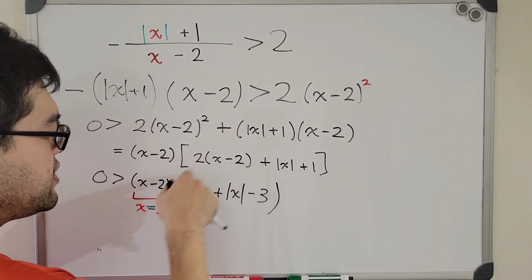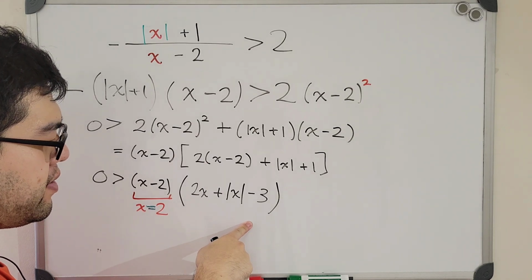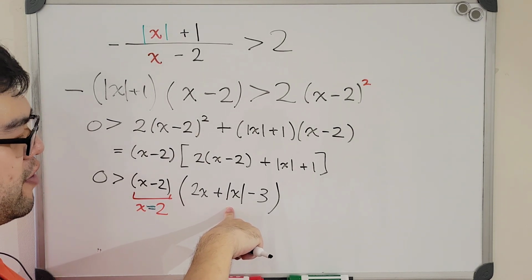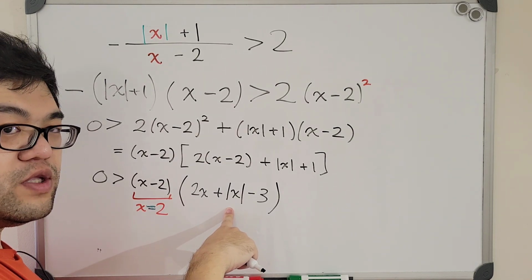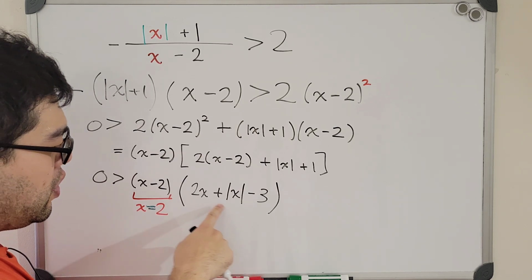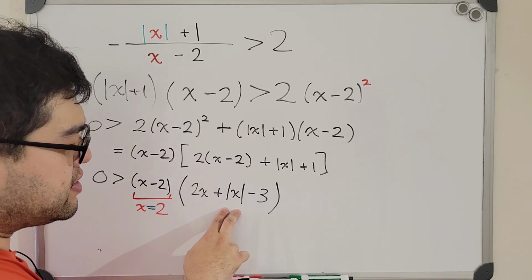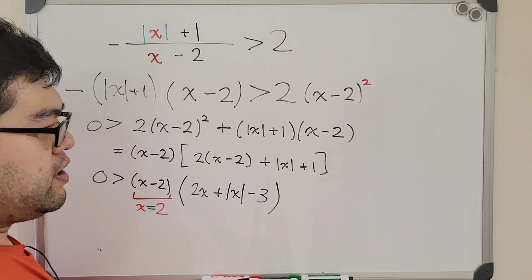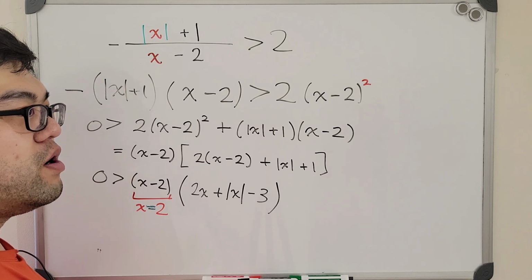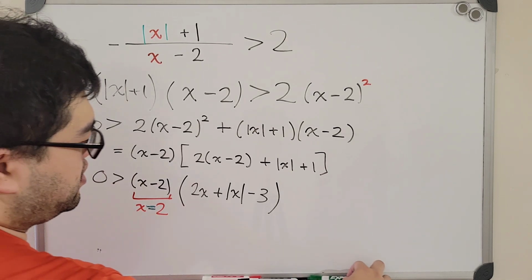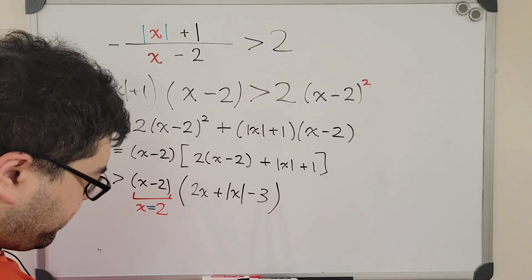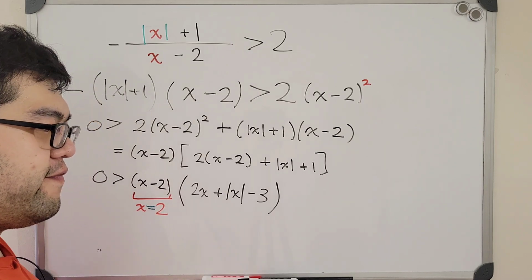But what happened to the second term, the second factor here? We have an absolute value of x inside. What do we need to do? In this case, we just need to split this into two different cases, like how we solve an equation of a modulus function, because we know that x could be positive and negative.